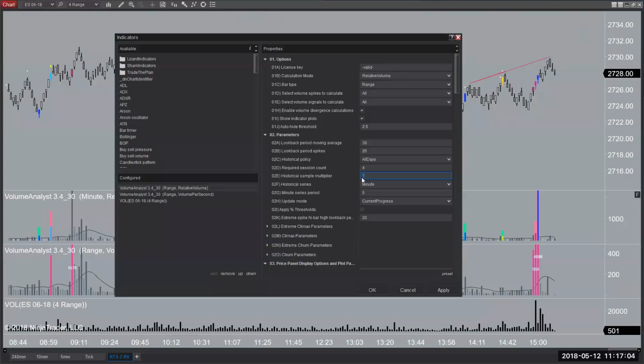Or we could set it to 5 and use a 10 minute chart as the input for the relative calculation. You see? So it'll smooth out some of those really huge signals, which shouldn't be as accentuated as they actually are. Only reason they are is because you have less data.